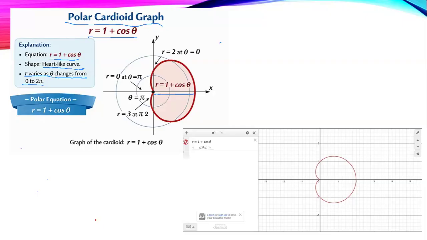So r is equal to 2, theta is equal to 0. So we do not have an angle there; theta is at 0. And yeah, basically you can see it here: r is equal to 2.